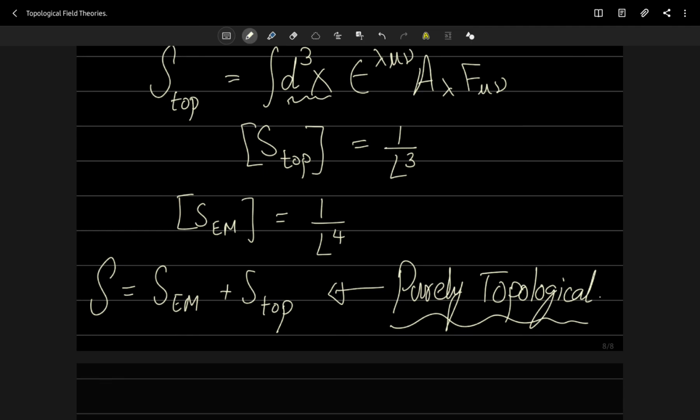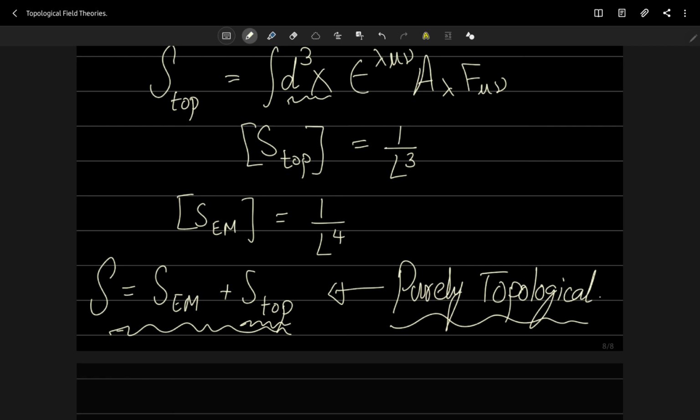So we are just perturbing our system of an electron confined in two-dimensional space, and the resulting theory is described by this thing, with long distance physics that is governed by the topological action over here.